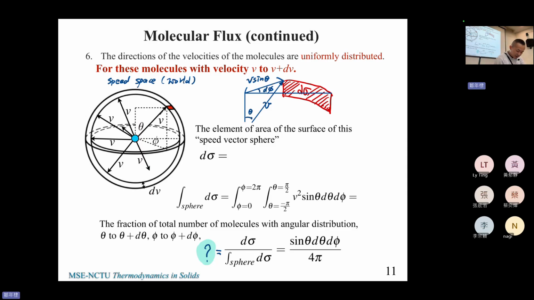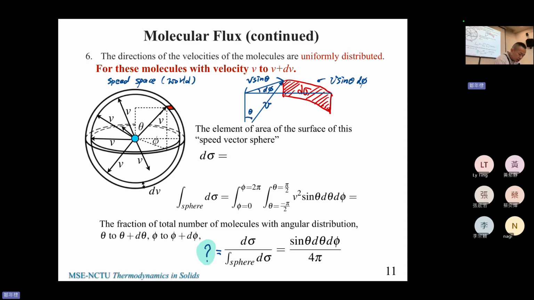So this curve, this curved length, is v sine theta times d phi, because of the opening angle, okay? And how about this?